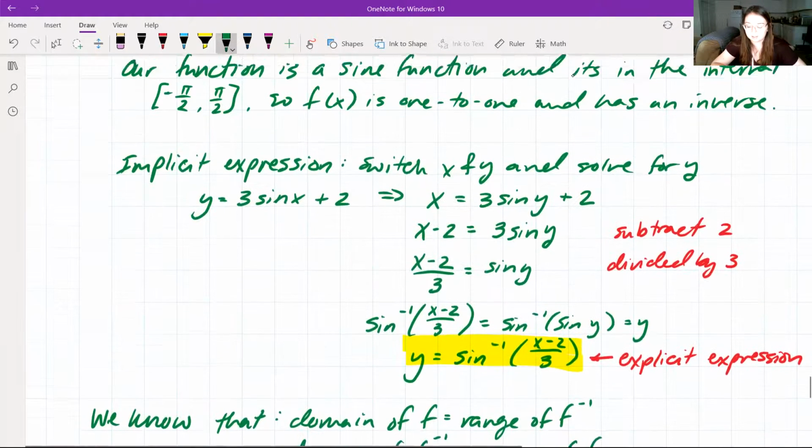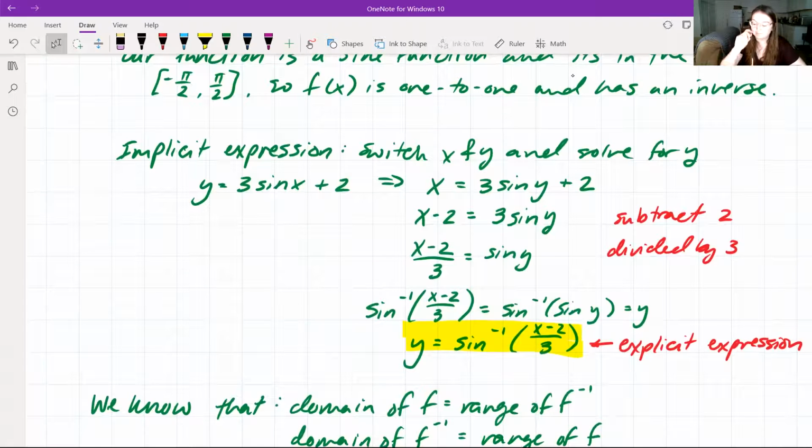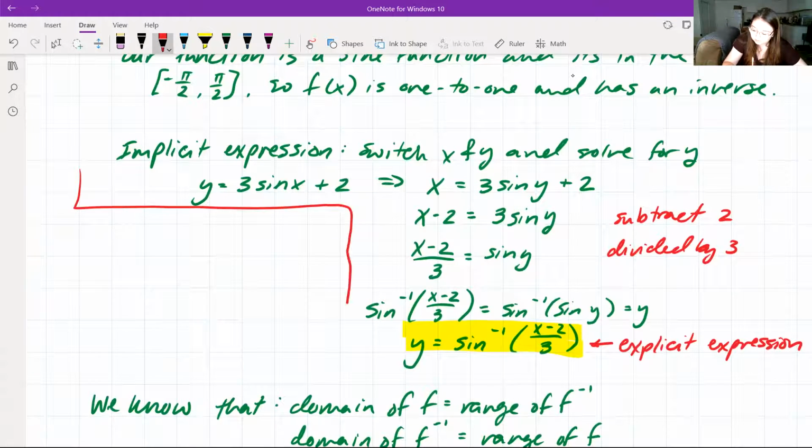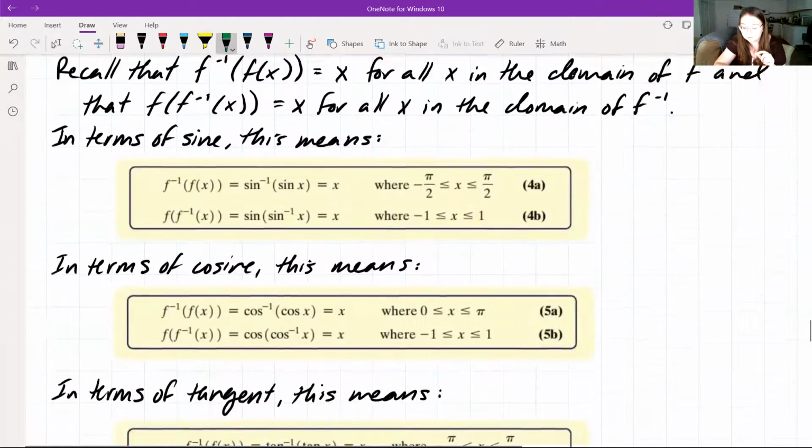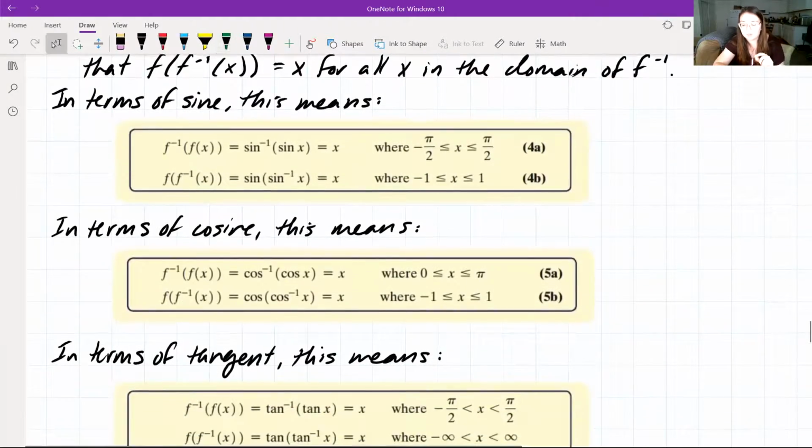We'll block it off right here. If we go back up to our function, we see that when we take sine of sine inverse, our range is now -1 to 1.